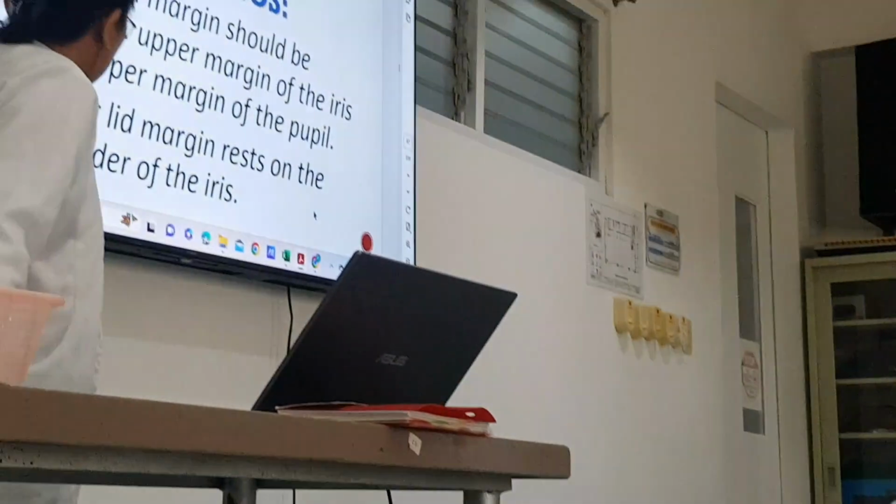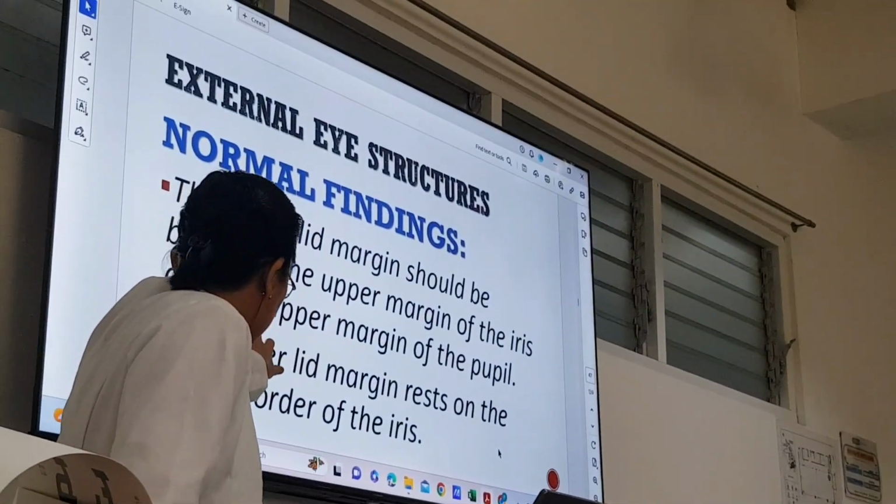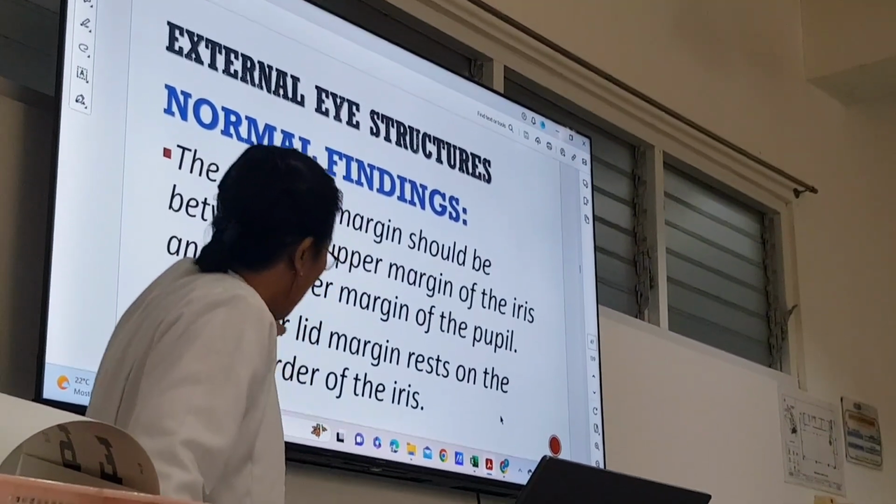Okay, next. So the normal findings: the upper lid margin should be between the upper margin of the iris and the upper margin of the pupil.